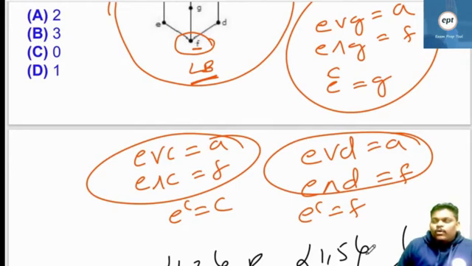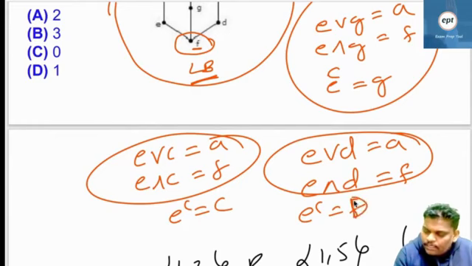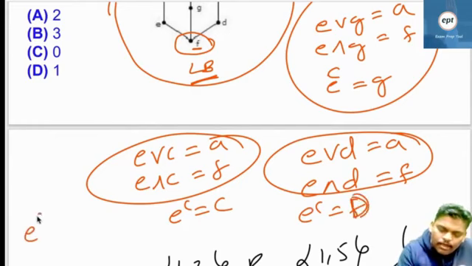For two elements, if the LUB is the upper bound and the GLB is the lower bound, then those two are complements of each other. So finally, E complement is G, C, and D.